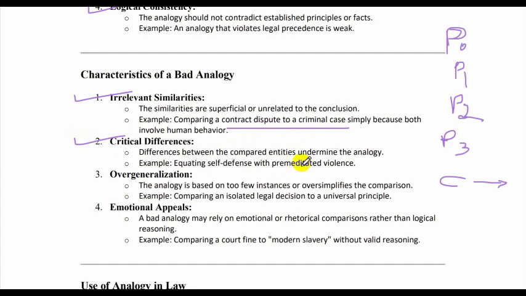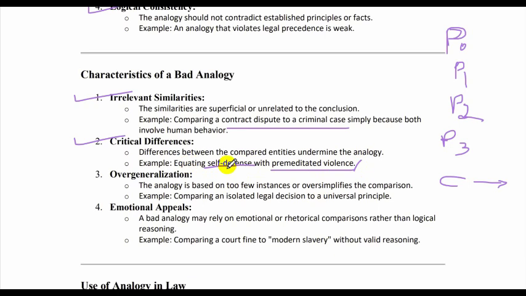The differences between the compared entities undermine the analogy. Let's look at it with an example. Equating self-defense with premeditated violence. When the violence is with an intention, there is mens rea or actus reus, we cannot say that it is self-defense.